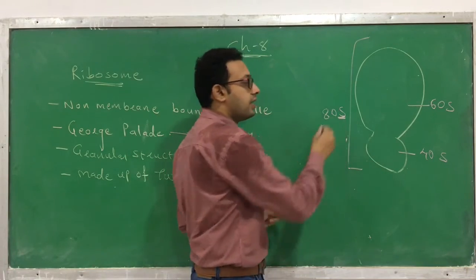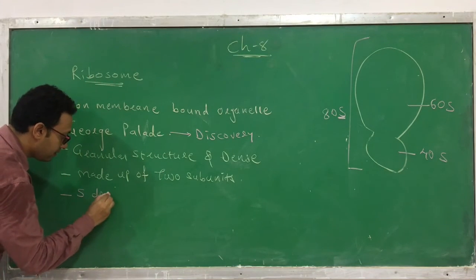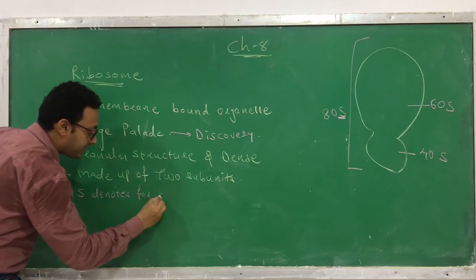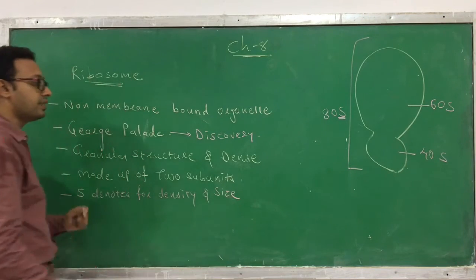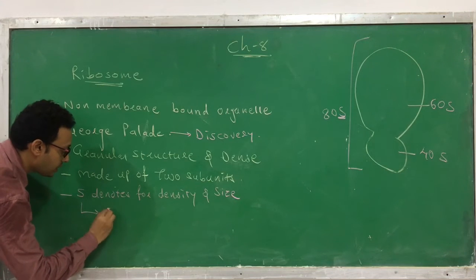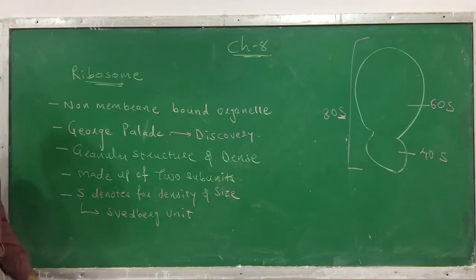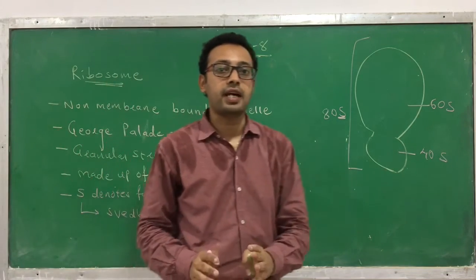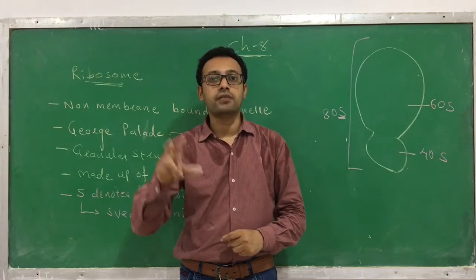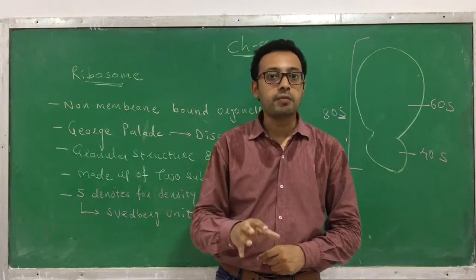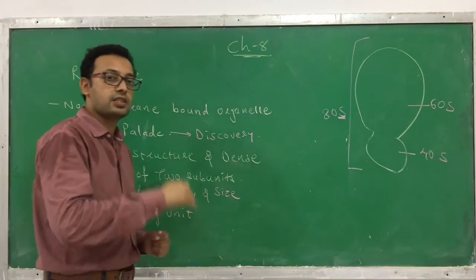What is S? The S means Svedberg unit. It is a measure of density and size. So the ultimate thing you have to remember is that in a eukaryotic cell the ribosome size is 80 S, and in a prokaryotic cell the size of the ribosome is 70 S. You also have to remember the individual size of the subunits, because both ribosomes are made up of two subunits, larger and smaller.